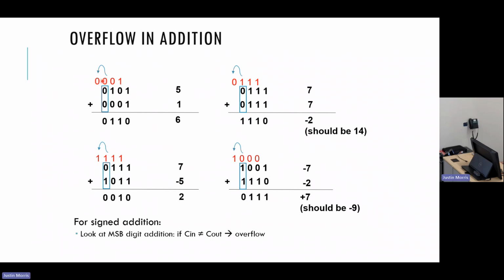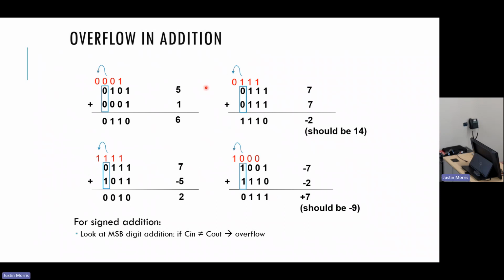So here, 0 XOR 0, this is 0, so no overflow. 1 XOR 1, again, this is 0, so no overflow. But 1 XOR 0, result is 1, this is overflow. 0 XOR 1, this is overflow.